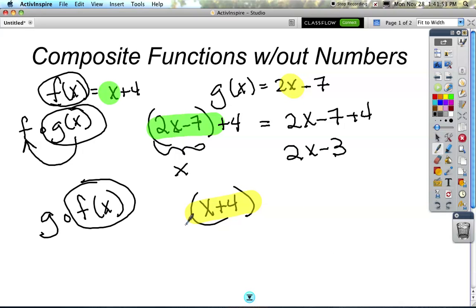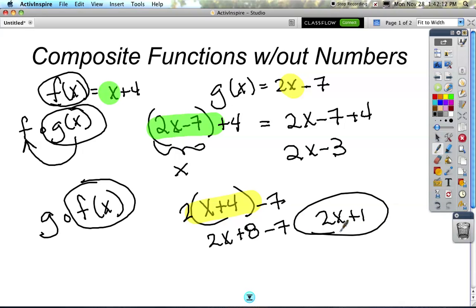So it needs something else to complete the g equation. What does it need? 2 in front and a minus 7. So that's going to be 2x plus 8 minus 7. So 2x plus 1 is your final answer.